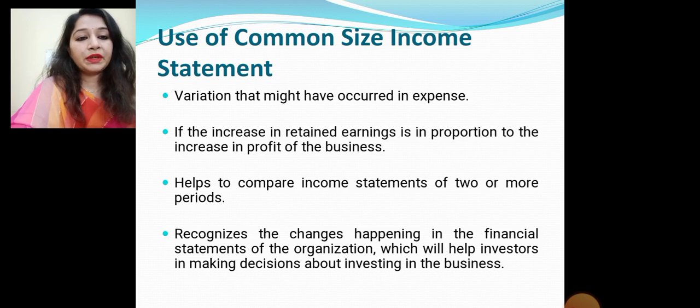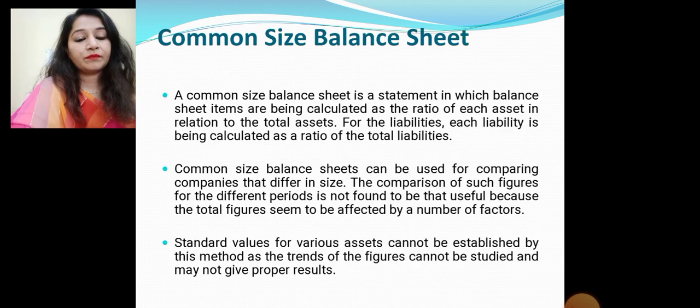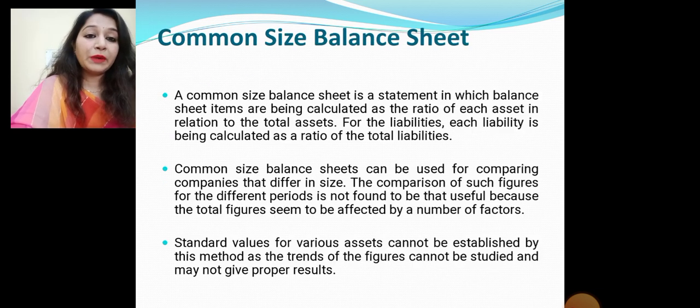It helps to compare income statements of two or more periods. Next, recognize the changes happening in the financial statement of the organization, which will help investors in making decisions about investing in the business.